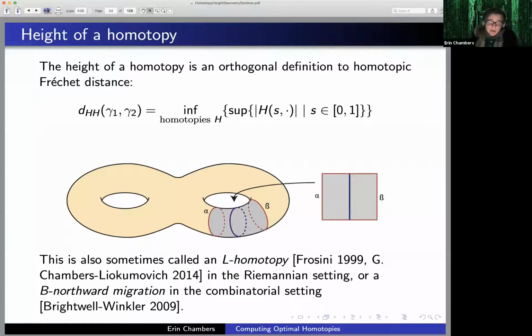This is actually also called an L homotopy by Riemannian geometers, which I know less about, although I've started working with some of them. And in the combinatorial setting, this turns out to be equivalent to some graph parameters that I'll talk about later. In particular, there's a paper that studies what they call B northward migrations in graphs. Effectively, they're looking at the same thing.